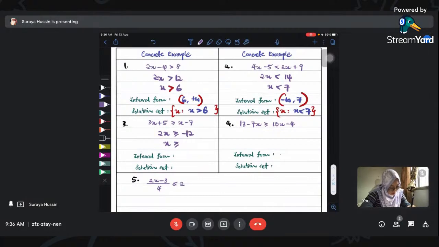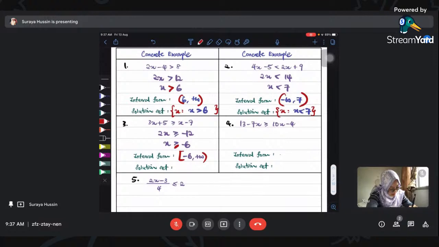So, negative 6 to the right, from negative 6 itulah. Daripada negative 6, bergerak ke kanan, more than, ke kanan, hinggalah positive infinity. But, kita ada equal kat sini. So, negative 6 is included.